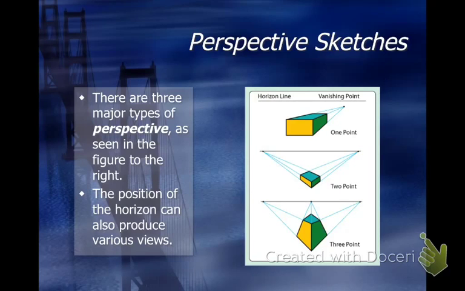And mainly we use these in construction so we can see what the building will look like. Standing in front of it, above it, to the side of it, etc. So we don't use these very much except for in the field of construction and architecture.